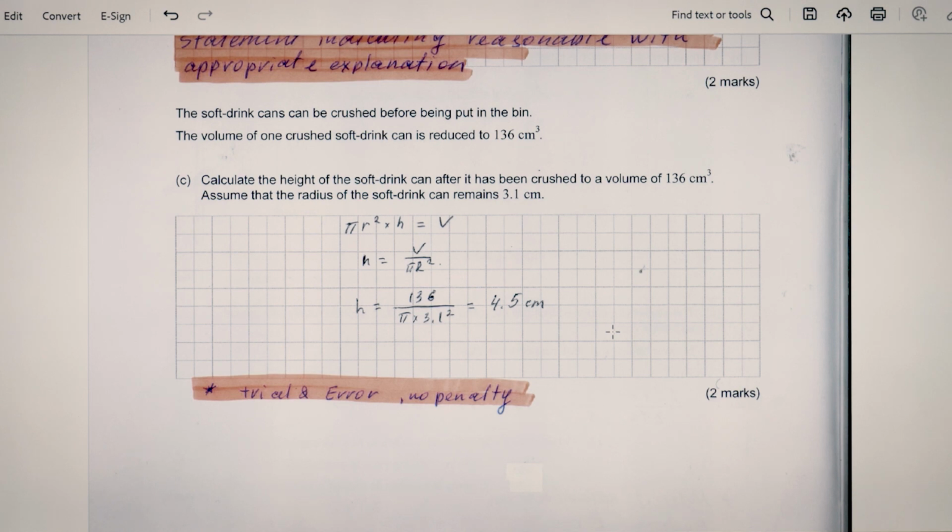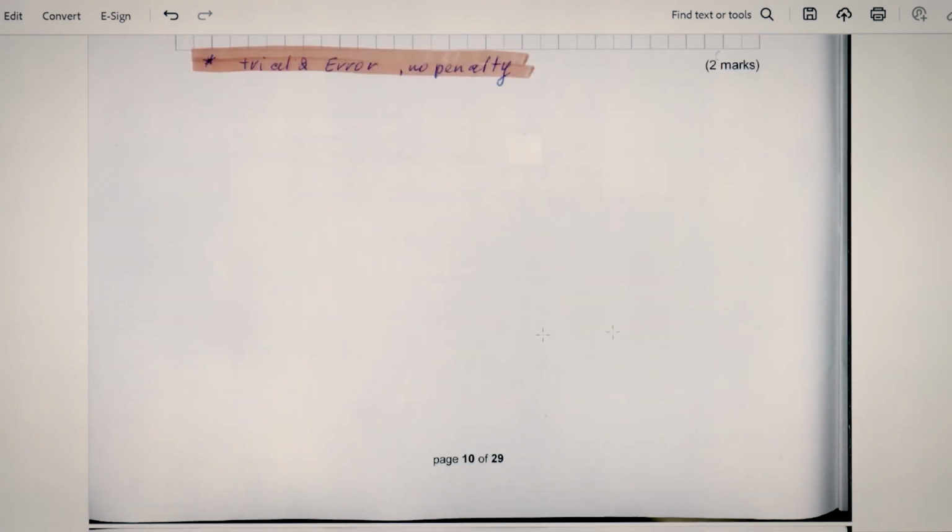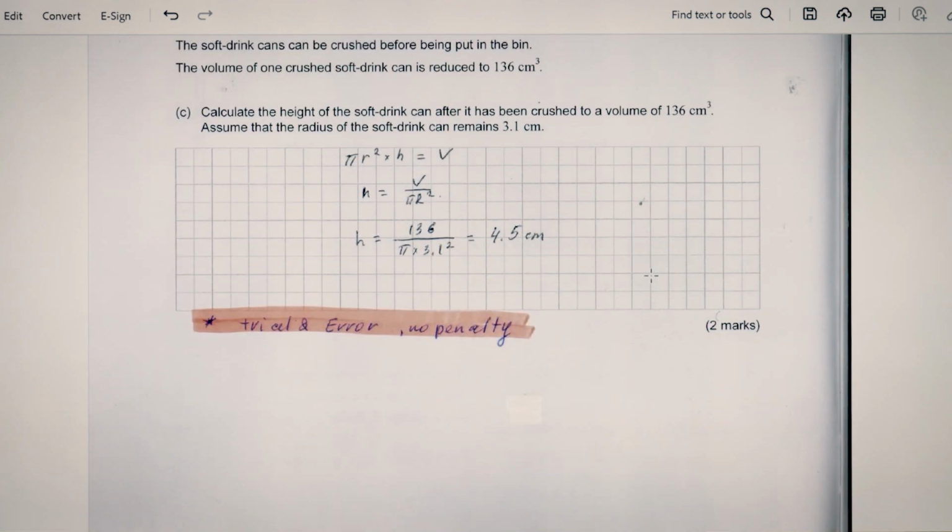The majority of the students were doing trial and error. They were trying on the whole page, and they got the answer. Surprisingly, they were getting the answer at the end, which is again their creativity. We can't say anything there. We were giving marks for that as well.